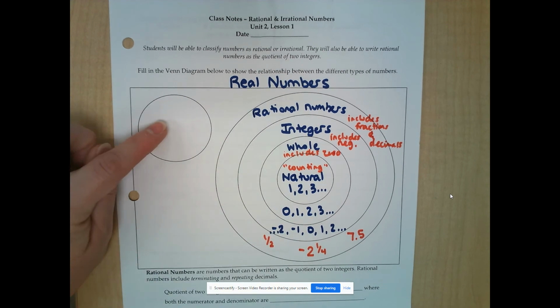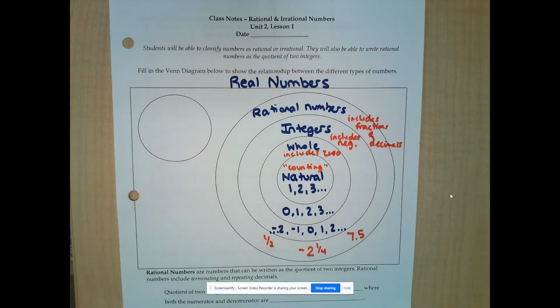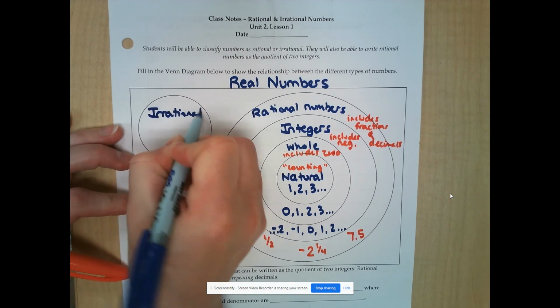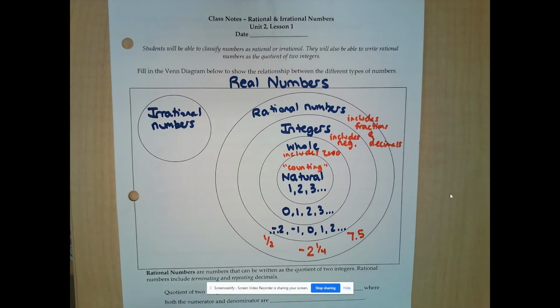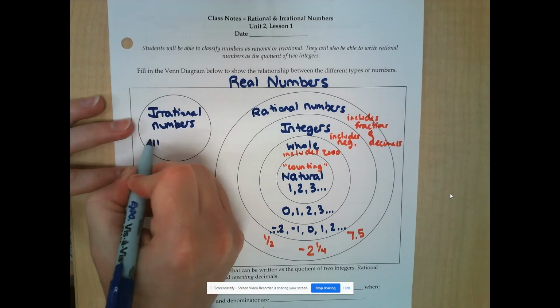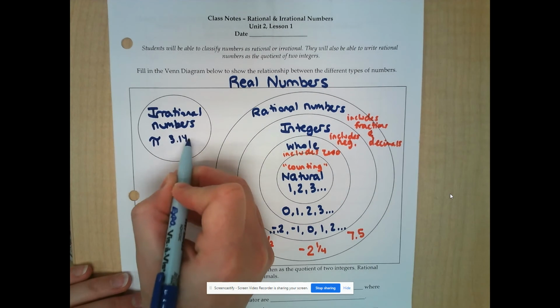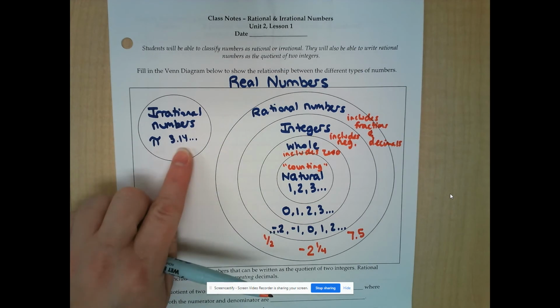Now, you've also got this weird little circle off to the side. If rational numbers are all the numbers in this large circle, then over here we have irrational numbers. Irrational numbers are numbers like pi, 3.14, and then it goes on because it continues, but it doesn't have a pattern, so there's no repeating bar.